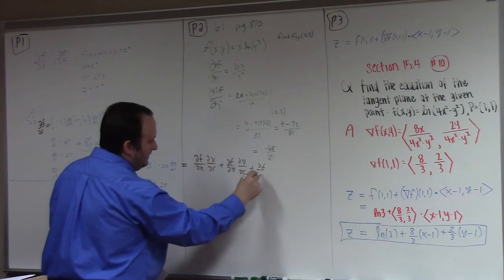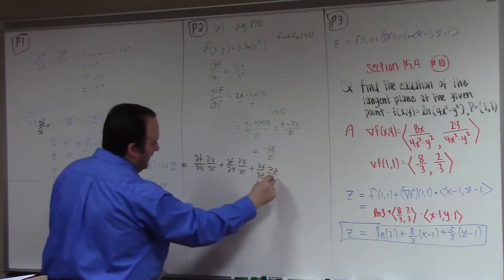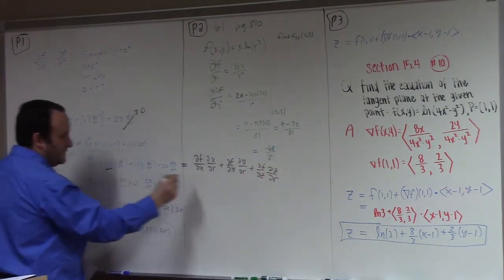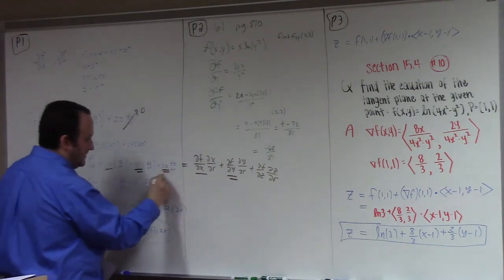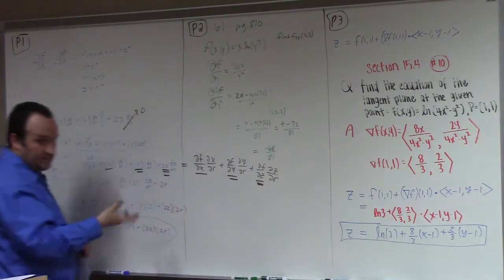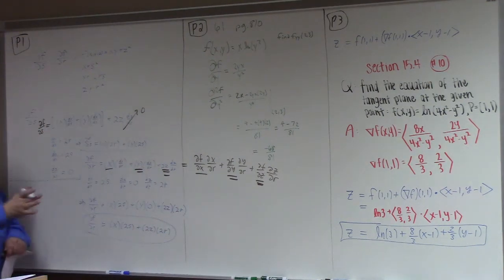Partial f, partial z, partial r. And I think that this is that, and I believe that that is that, and I believe that this is this, and that's fine, all right? Good. And I respect that you did it in your head. It's okay, right? I think those are right.